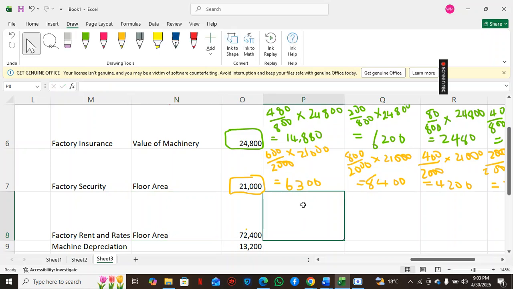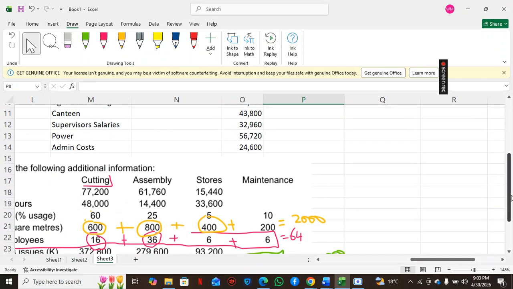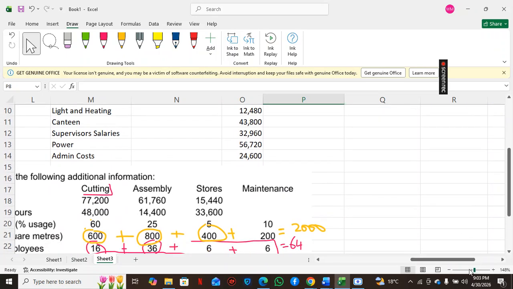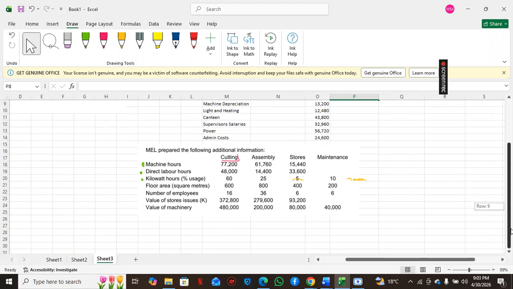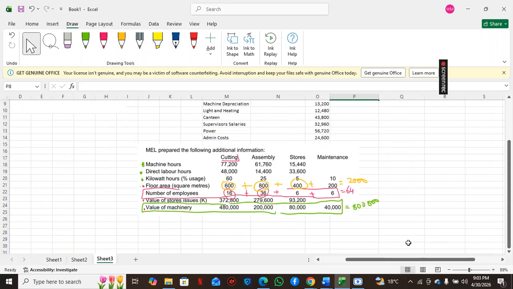Yes, it can get confusing which one to choose from here.